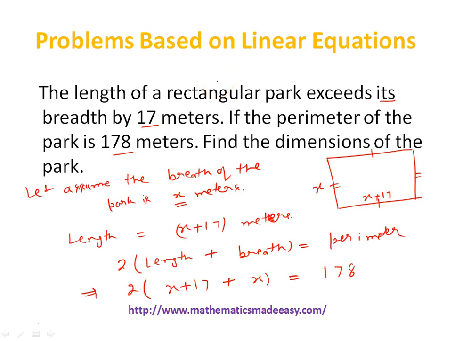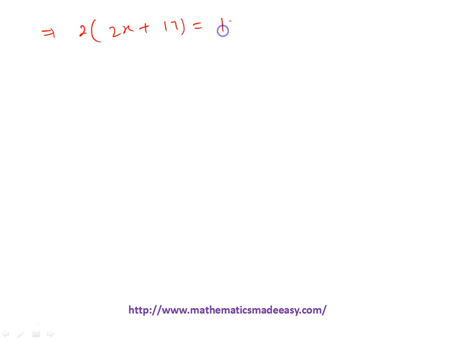x plus x is 2x, plus 17, equal to 178. Let's multiply 2 inside. So 2 times 2x is 4x, plus 34, equal to 178. So 4x equals 178 minus 34.